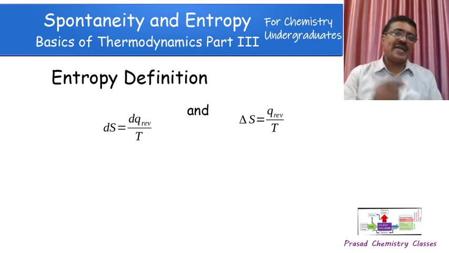If you want the actual value, we have to express this q reversible as a function of temperature, then integrate dS from temperature T1 to T2, or Ti to Tf. Only then can you get the change in entropy.